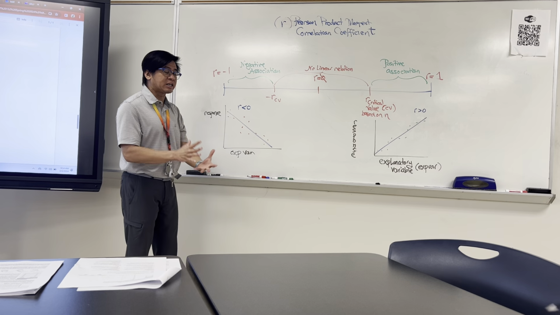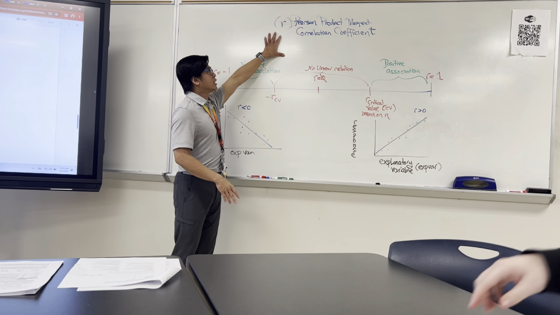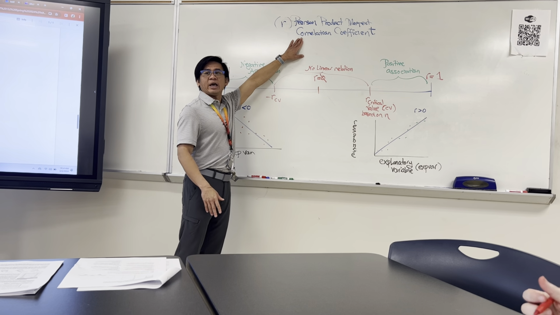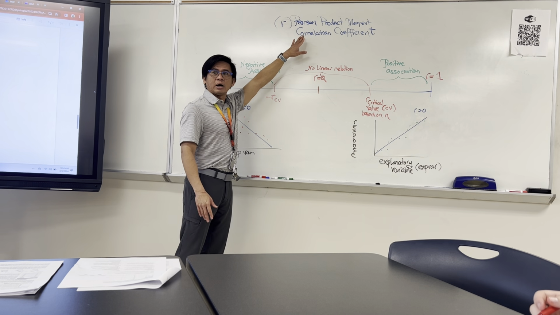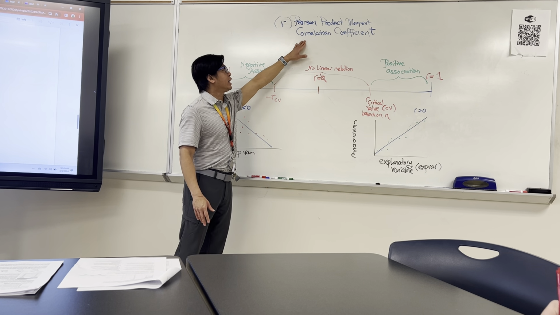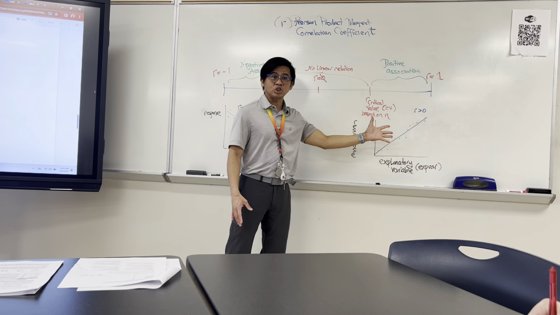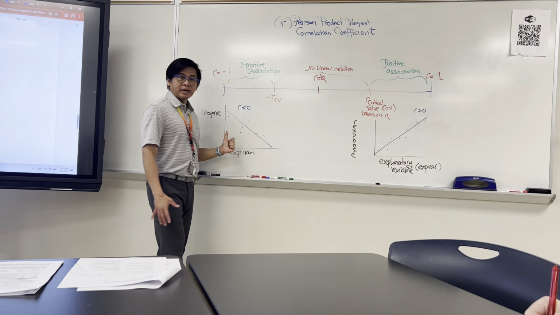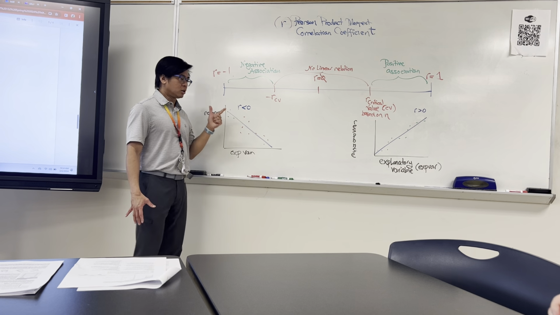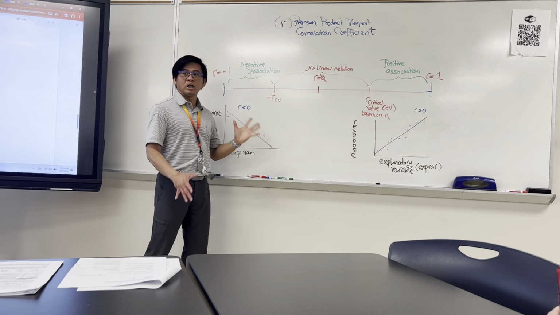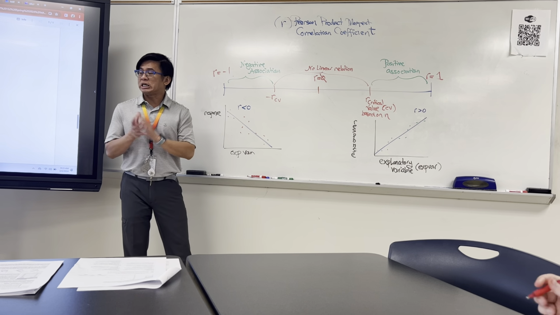However, if it's not an experiment, then all we can say is that there's a possibility that there exists a correlation, either a positive correlation or a negative correlation, between the explanatory variable and the response variable.